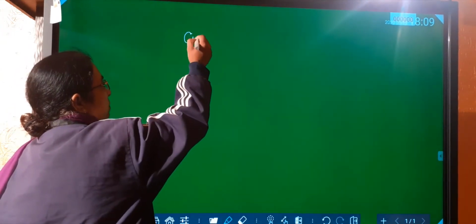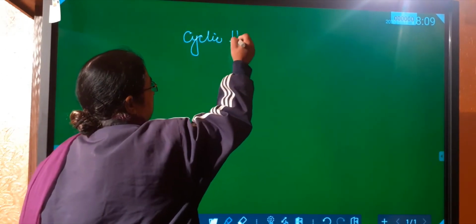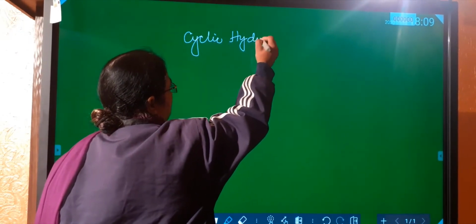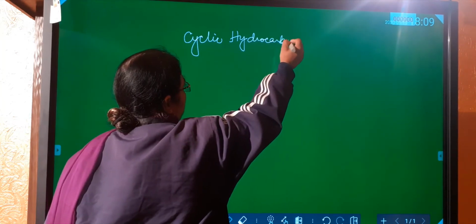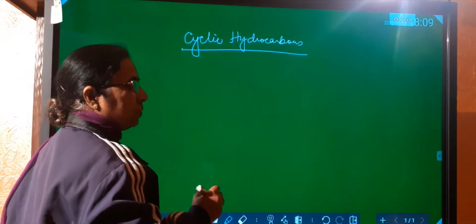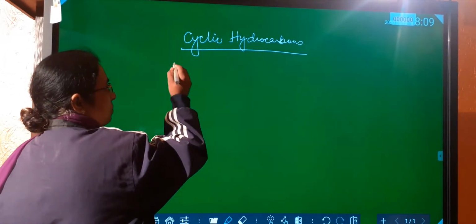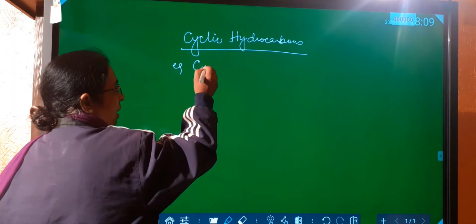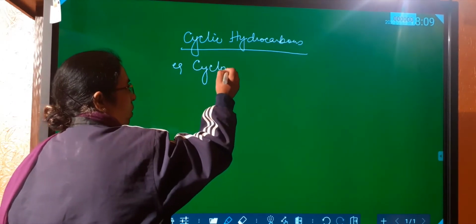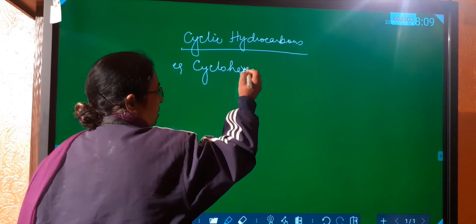Alright. Now we have some cyclic hydrocarbons also. Let us see. Now how will we draw the structure of cyclic hydrocarbons? Say, for example, if I write cyclohexane.